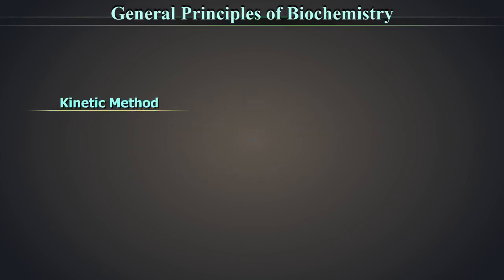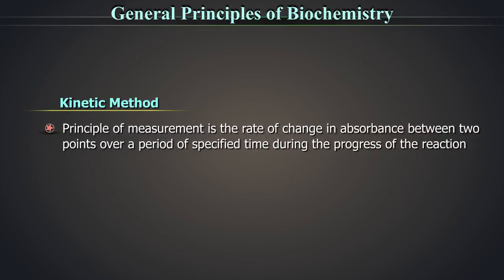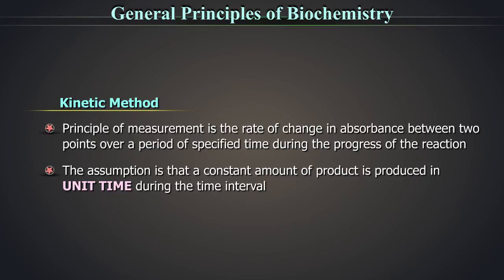Kinetic method. The principle of measurement is the difference in absorbance between 2 points over a period of specified time during the progress of the reaction. The assumption is that a constant amount of product is produced in unit time during the time interval. This is also rate chemistry, but the principle depends on the progressive reaction.